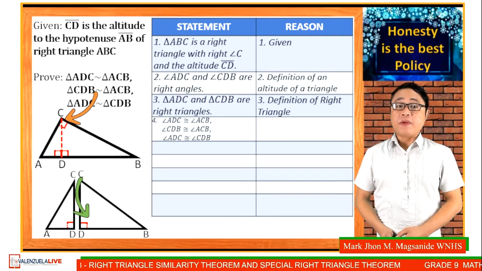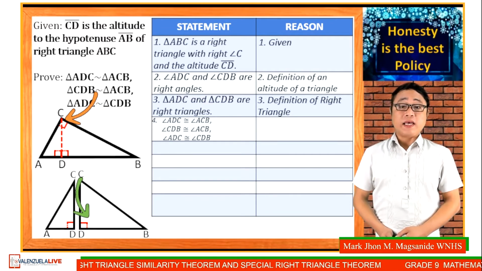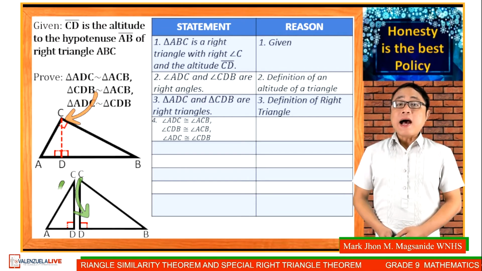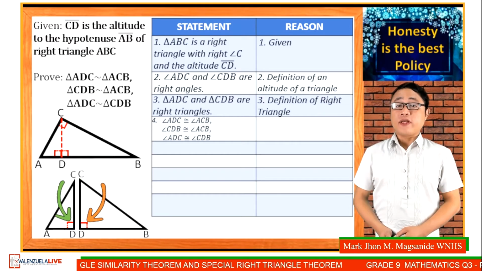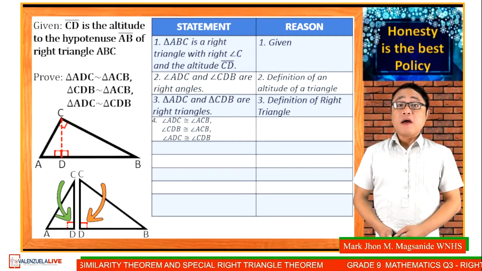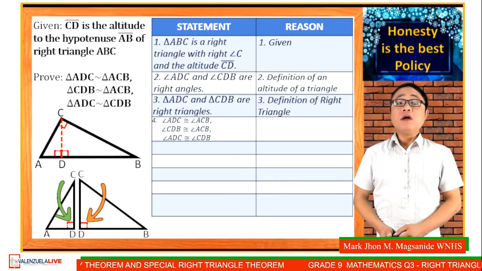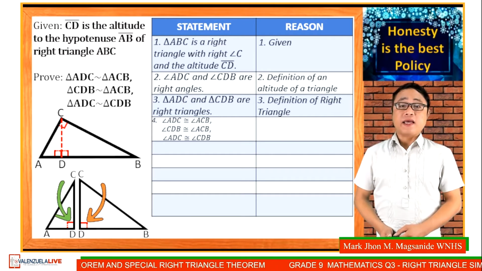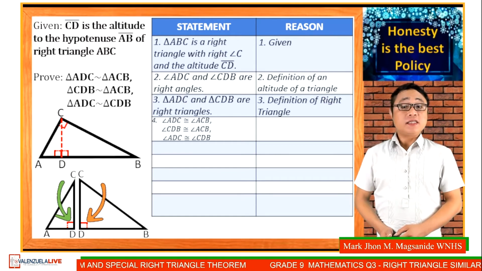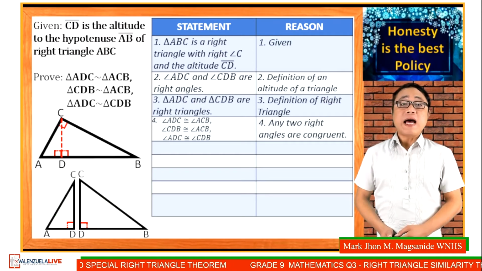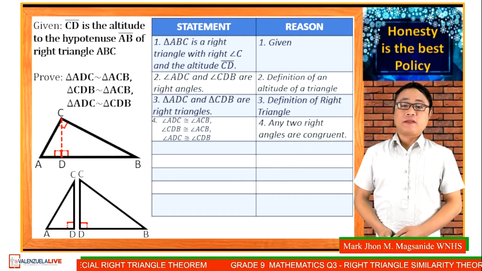Angle CDB is congruent to angle ACB. And angle ADC is congruent to angle CDB because each pair of angles is both right angles. The reason is any two right angles are congruent.